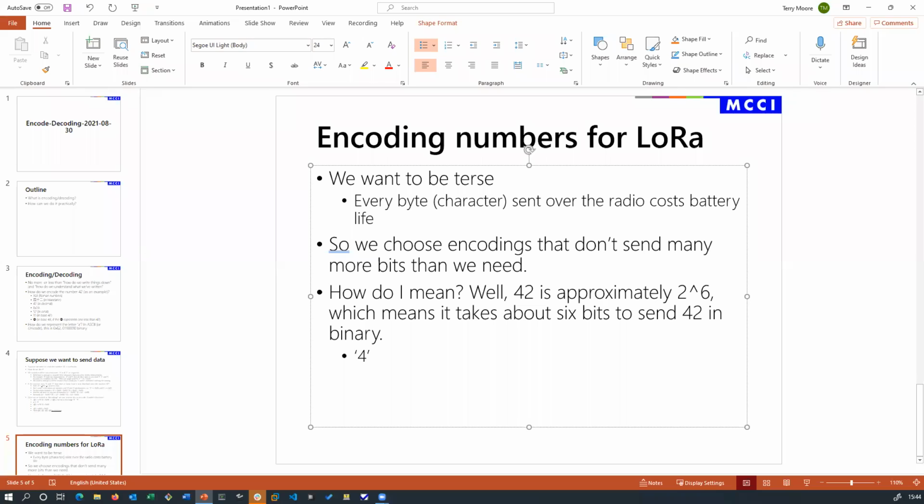But now, if we send it as 4 followed by 2, that is 2 bytes, 2 characters, which is how many bits? How many bits in a byte? 8. Right. So if I write 4 followed by 2 to represent the number 42, how many bits have I taken? 16.